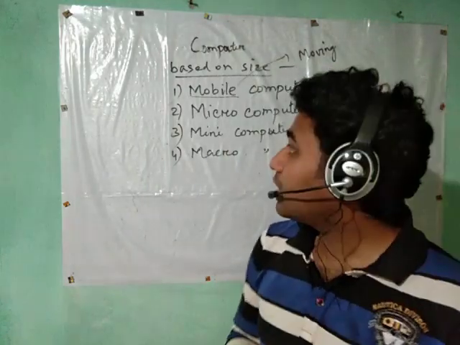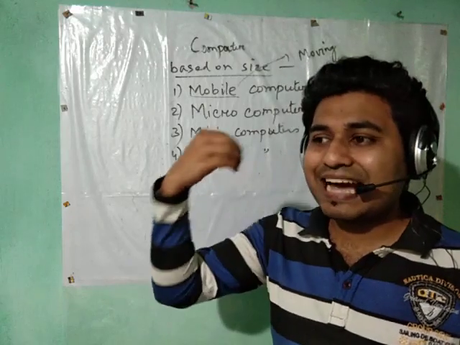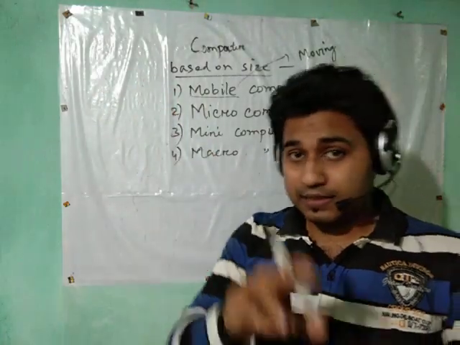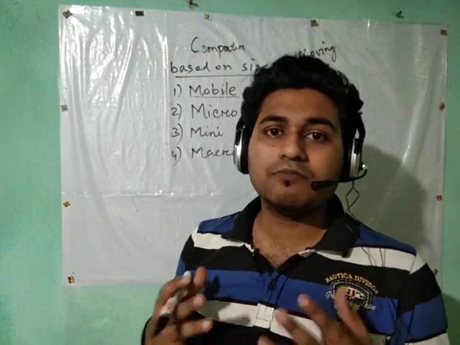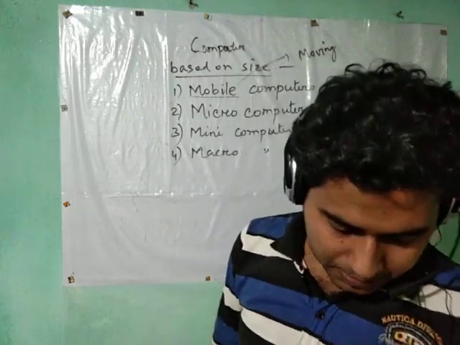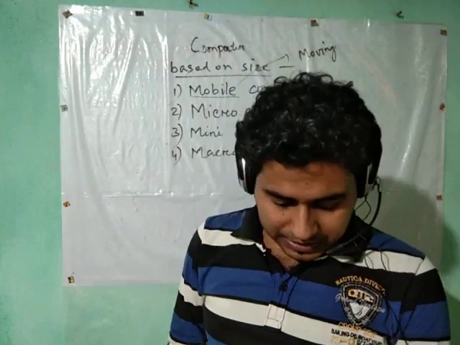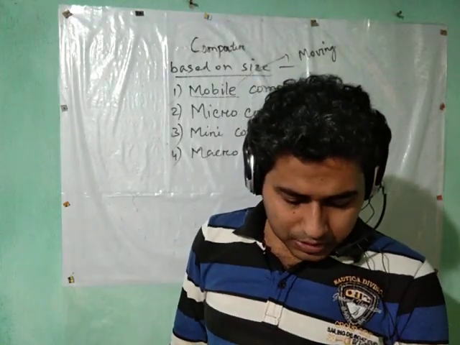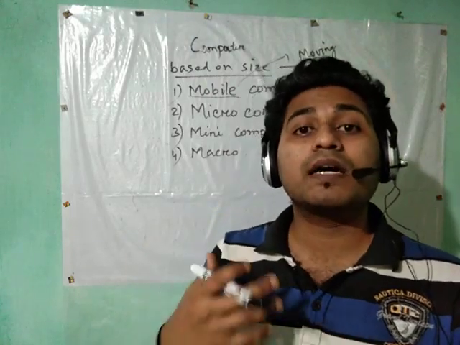What do you say? Of course, mobile computers are the smallest ones which we can carry from one place to another. Now you have to know the examples regarding mobile computers. In the book you will see some examples. Mobile computers are the smallest computers designed to be carried around by users.